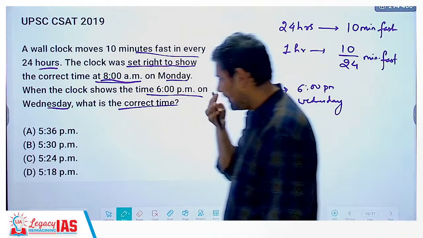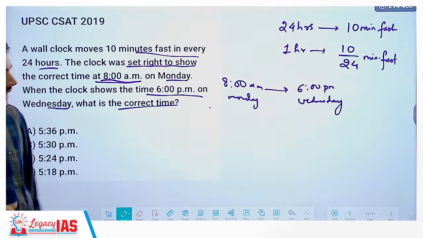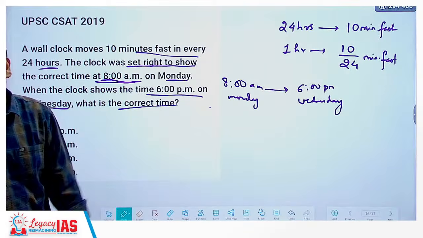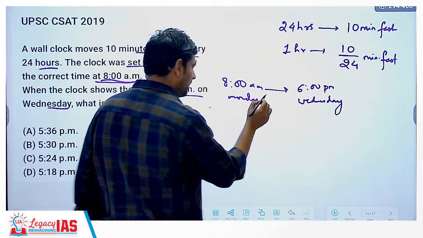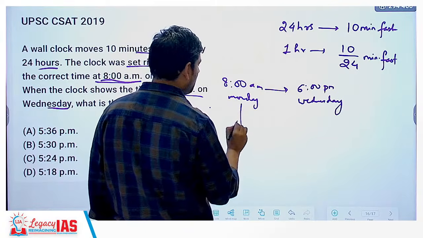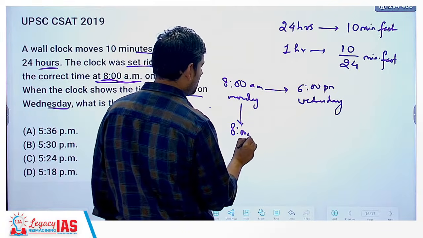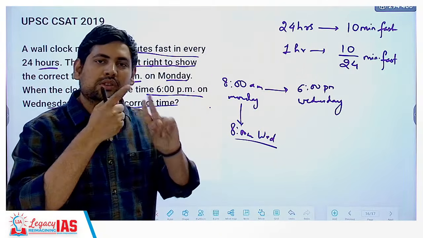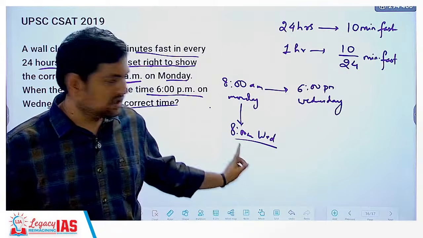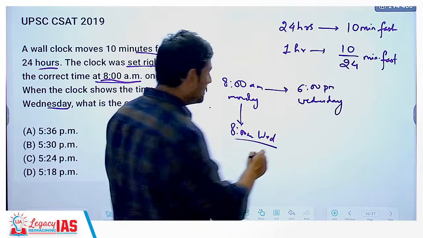So 8 a.m. Monday to 6 p.m. Wednesday, how many hours? First, you go from 8 a.m. of Monday to 8 a.m. of Wednesday. This is exactly 2 days: Monday to Tuesday, Tuesday to Wednesday. Correct? So this is 2 days. 2 days is 48 hours.